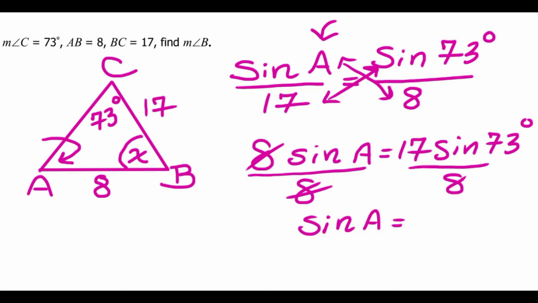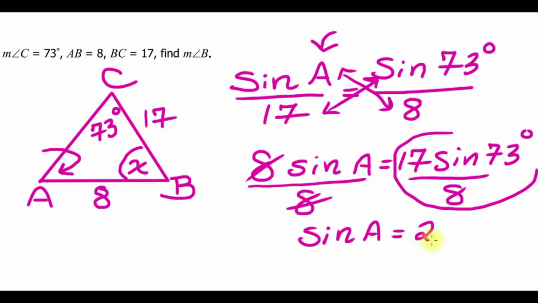so we need to find this out using the calculator. So I get 17 times sine 73 divided by 8. So I get 2.0321.